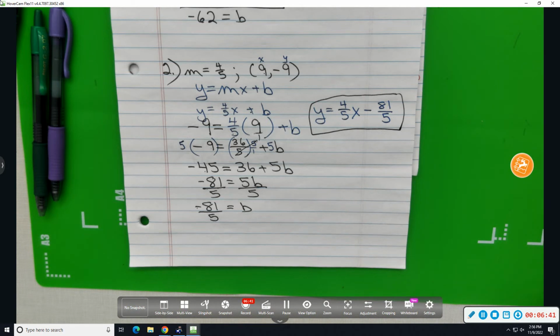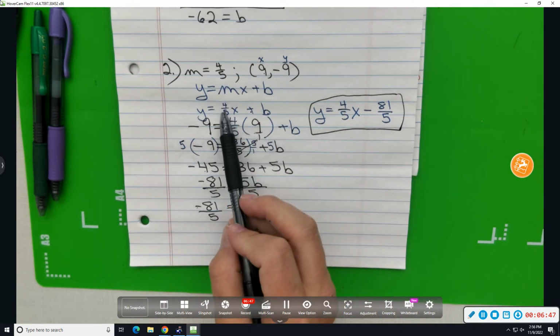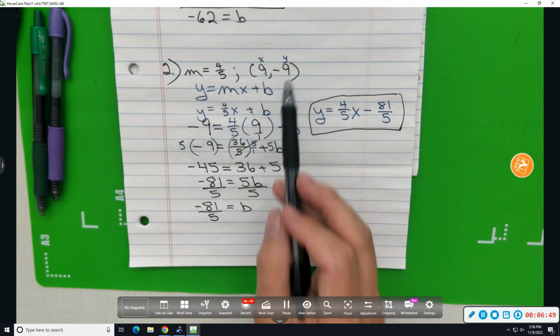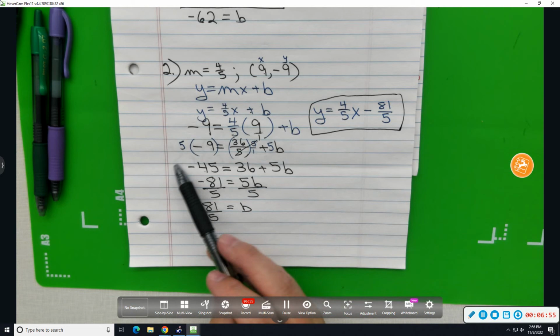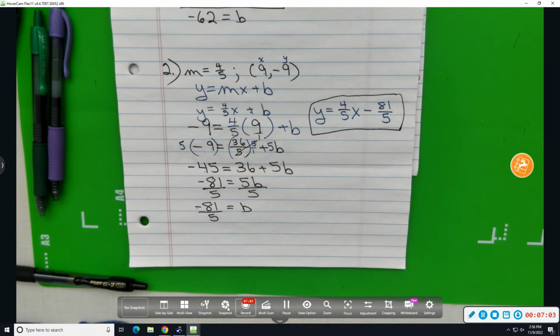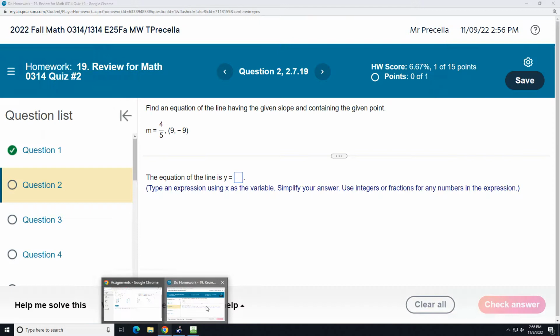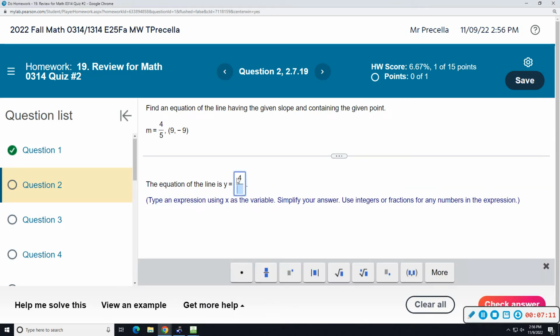It looked like number 1, and that they gave us the slope and a point, so we plugged in the slope, we plugged in the coordinates of the point they gave us for x and y, but because of the fraction we did multiply through to get rid of the denominator, but then it fell out pretty quickly. Typing in our answer, we have y equals 4/5, get out of the denominator before you type that x, minus 81/5.